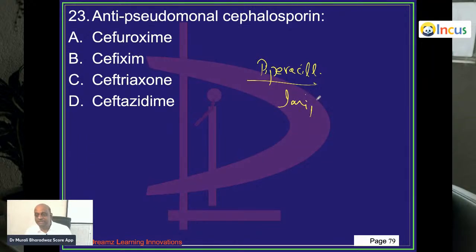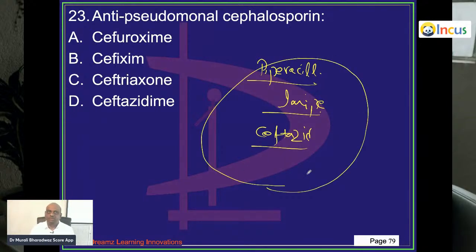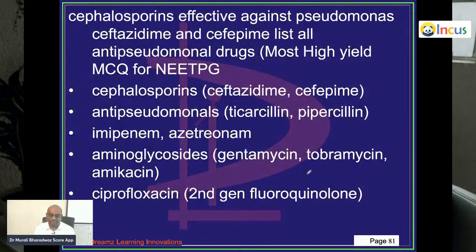Very good. Then ceftazidime. Then, what are all anti-pseudomonal? The list. Vancomycin was also there. Okay. So, all the list you need to have in tips, doctor.